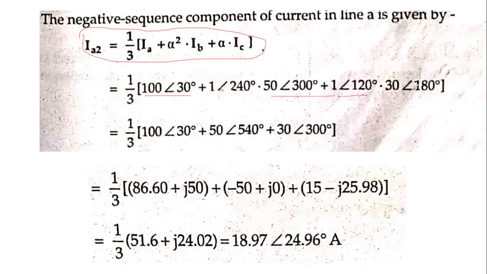Then we simplify these values and obtain the IA2 current. Therefore, IA2 is equal to 18.97 at an angle of 24.26 degrees. This is the negative sequence current of A phase.